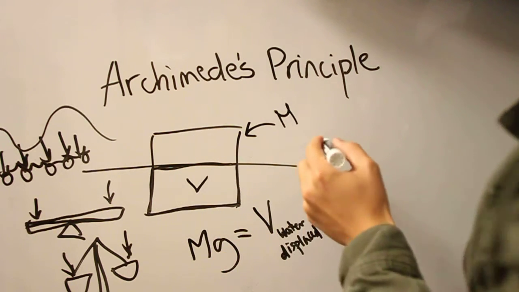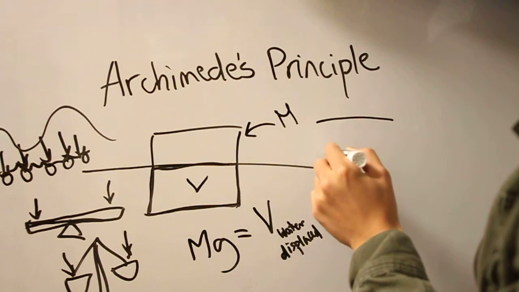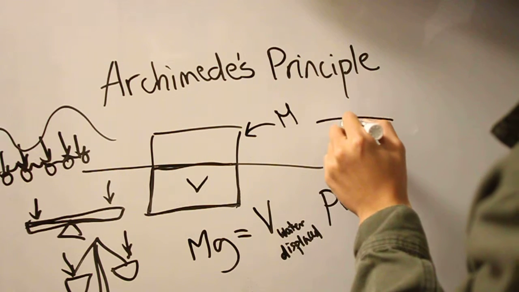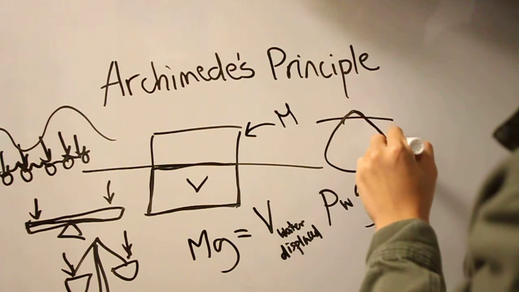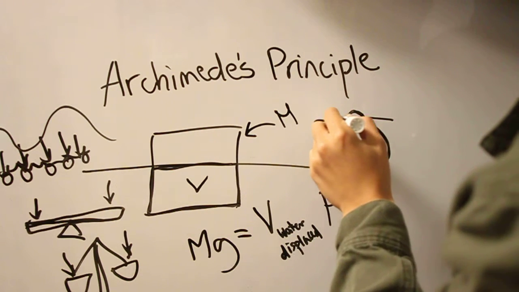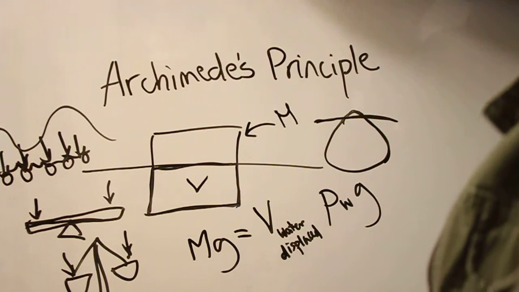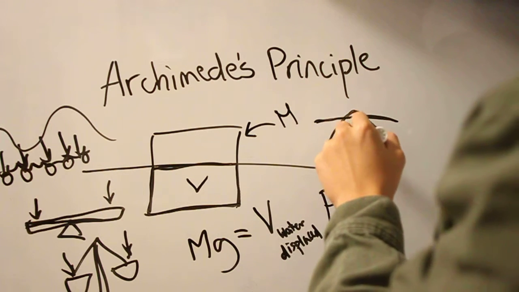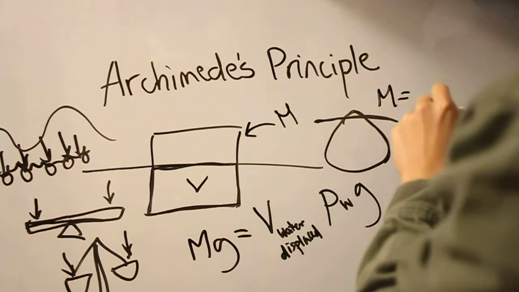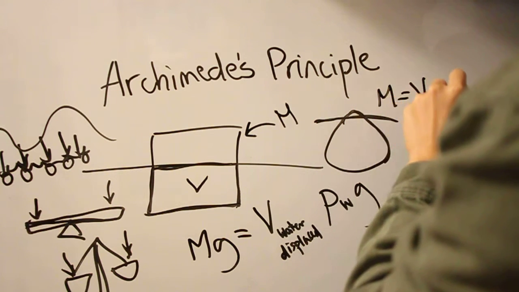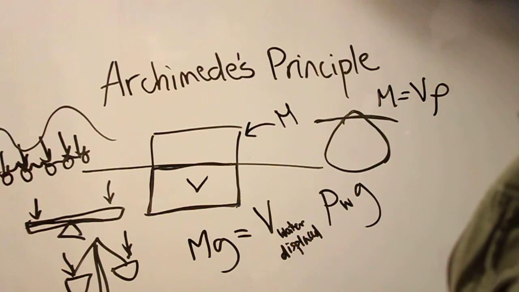And if you want to think of icebergs, why is so much of the iceberg under the water and so little above? Well, if we analyze this, there's so much of the volume inside, so we say that the mass is equal to the volume of the water displaced.